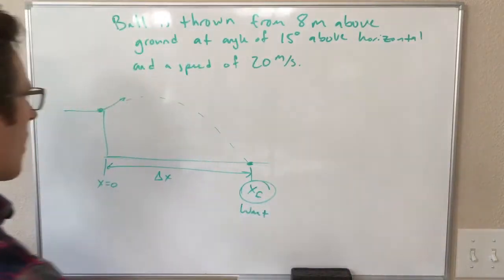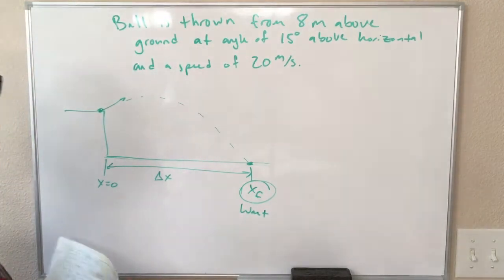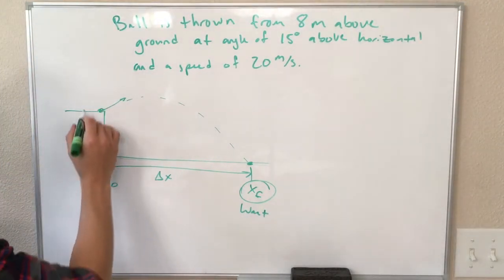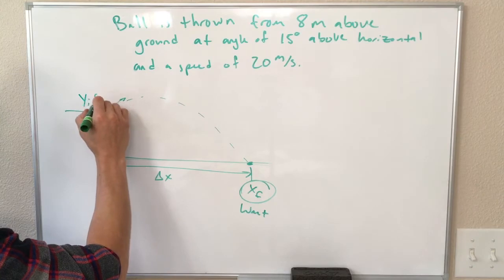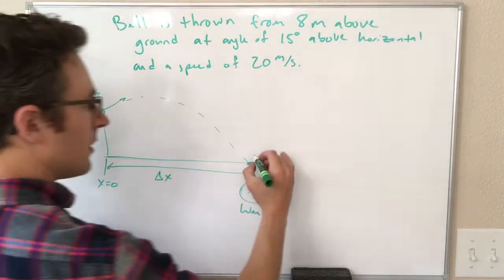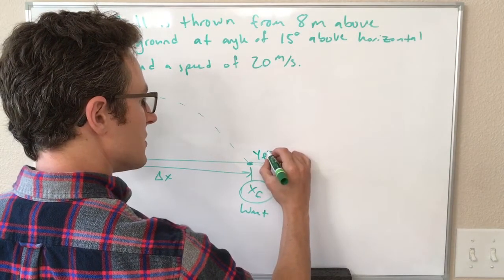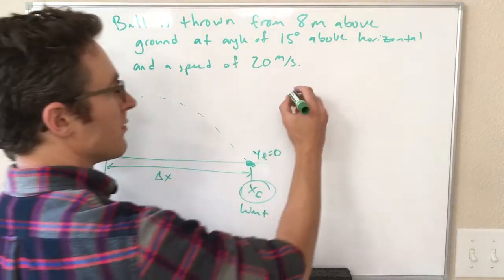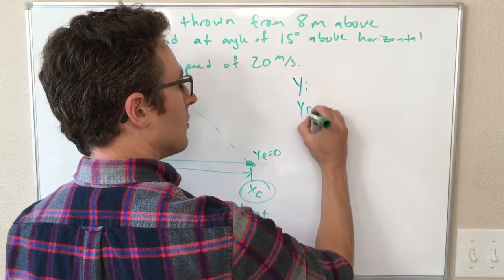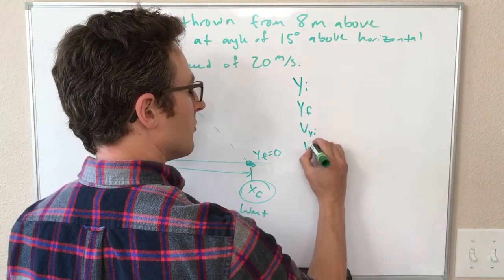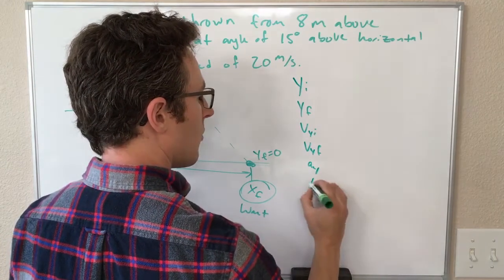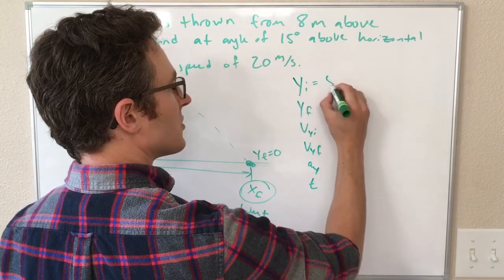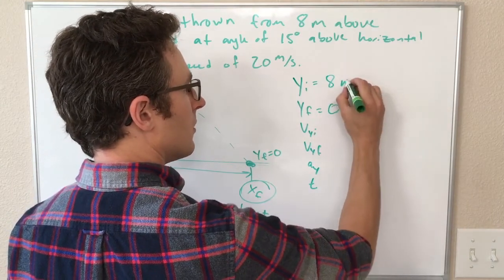We're going to have to look at the y direction again. So here we are still starting at y initial is 8. Here y final is equal to 0, right? Because now this is our final spot. So let's write down our y variables again. Y initial, y final, vy initial, vy final, ay, and t. So y initial is 8, y final is 0.